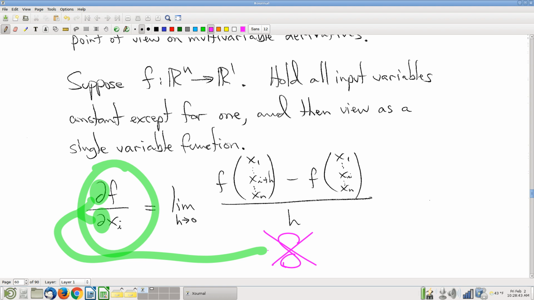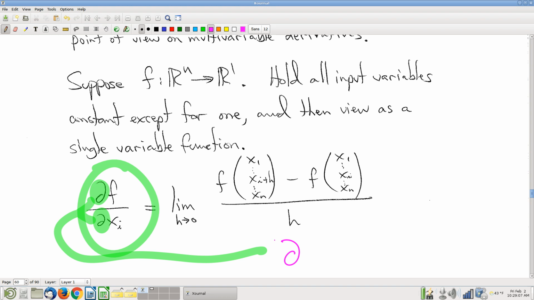Please be sure to note that. It's not the lowercase Greek letter delta. It's a symbol that, to my knowledge, was made up for this purpose with the intention that it should look like a D, kind of. Because this is kind of sort of a single variable derivative, and so we want it to look familiar. But very importantly, not a D.